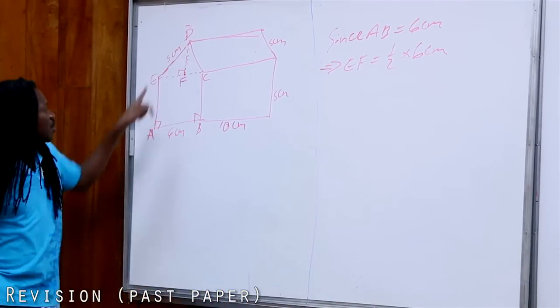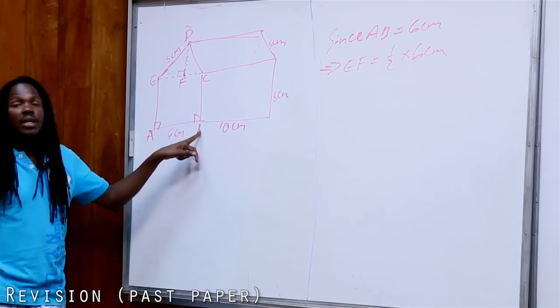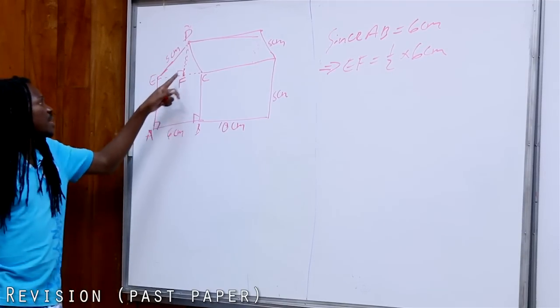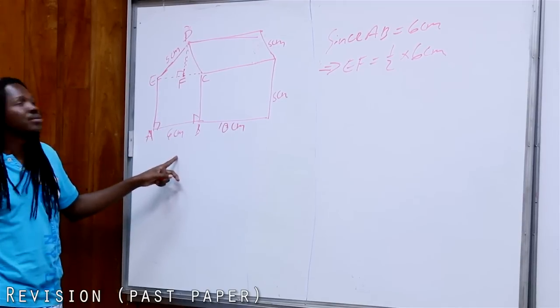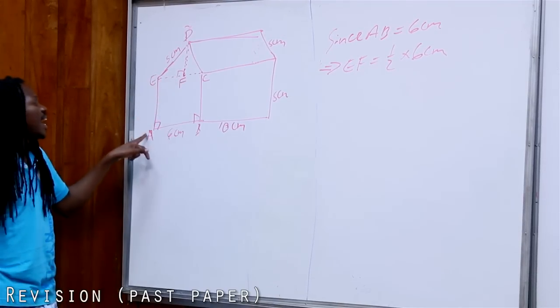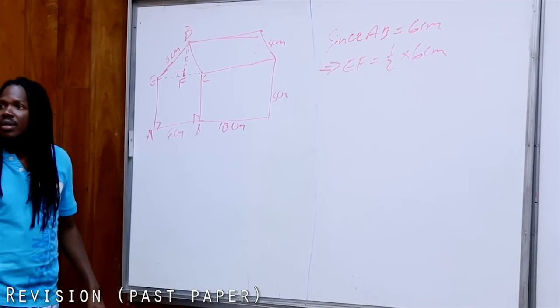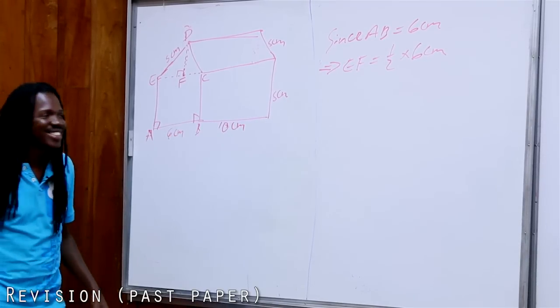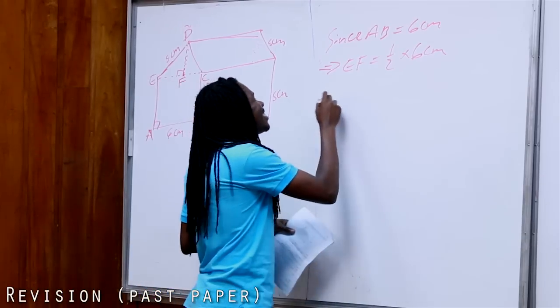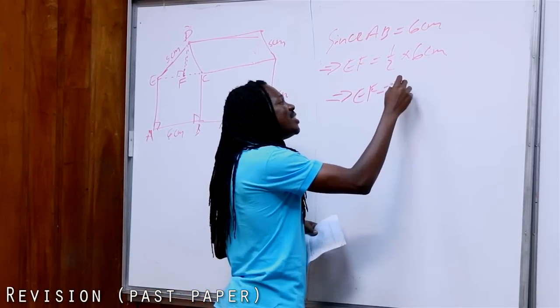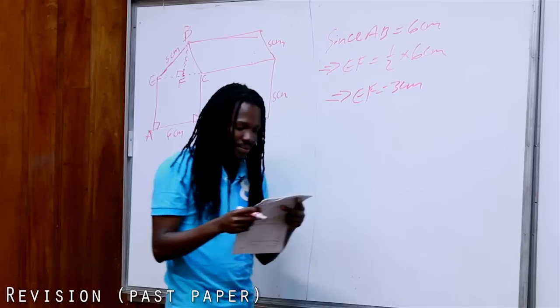Because EF, look at AB here. EF comes straight down the middle, which is supposed to cut AB in half if you continue right down. Now EC and AB are the same. This implies that EF is 3 centimeter.